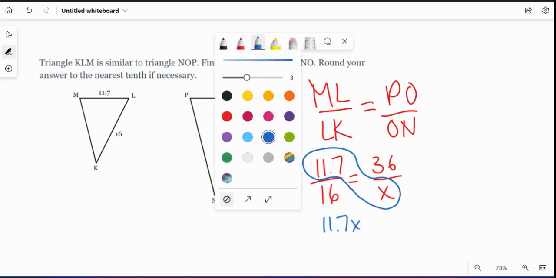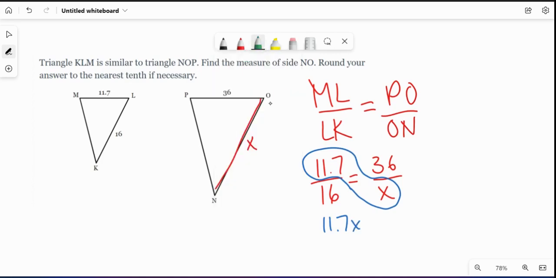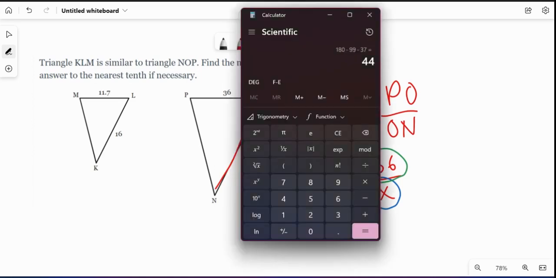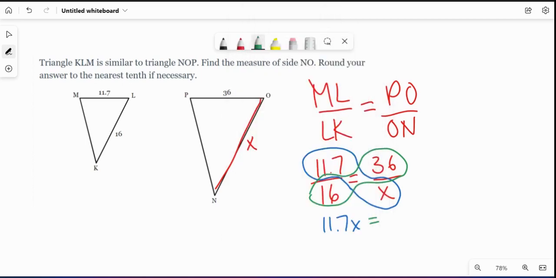And we change colors for this. 16 times 36. I don't know what that is off the top of my head. 16 times 36 is 576. Leave that number in your calculator.